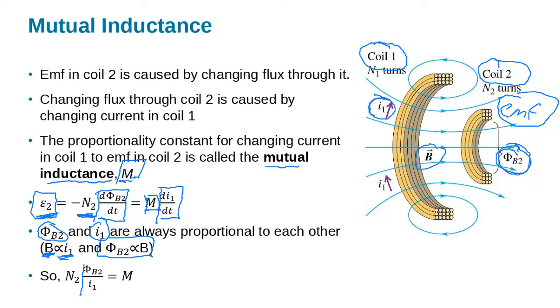We know that we have a constant ratio between phi B2, the flux in coil 2, and current I1. That'll always be the same. So we can just use the ratio of whatever current and flux we have. We'll get more mutual inductance for more turns, so we multiply by the number of turns N2 in coil 2, and that gives us the mutual inductance and how good a mutual inductor we have.